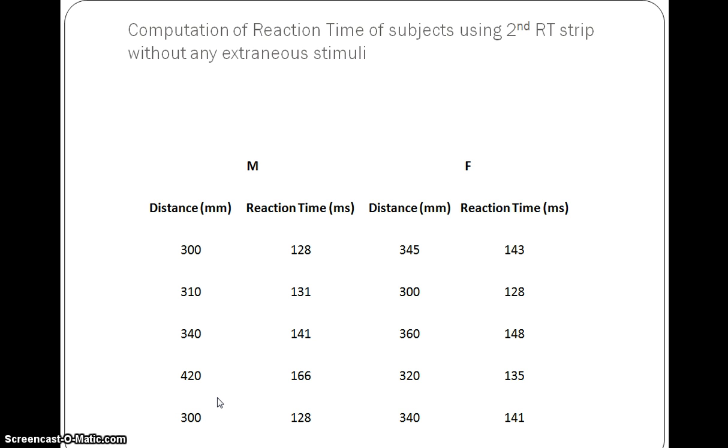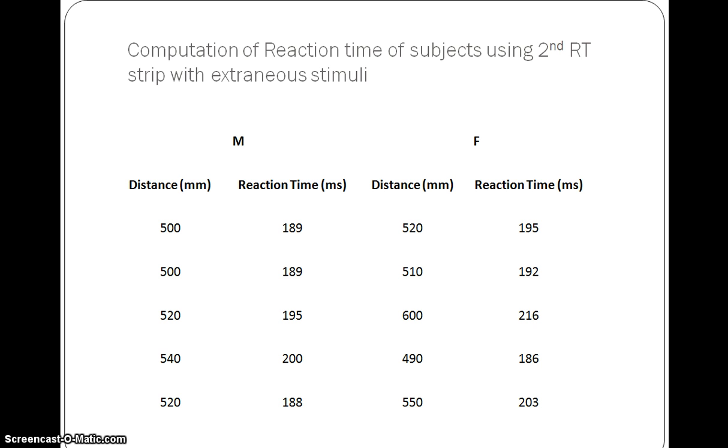And again, using the 5 males and the 5 females, we get a second result for the second reaction strip. And still, the males have a faster reaction time than the females.